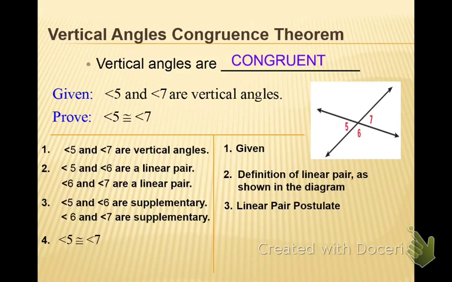Next step, angle 5 and angle 7 are congruent. What is our reason for this? Look back at the theorems that we have defined in this section. Which one applies here? Angle 5 is congruent to angle 7. Which one applies here?